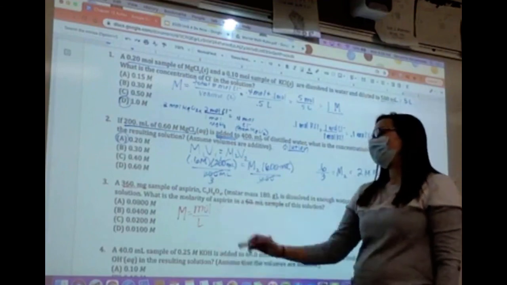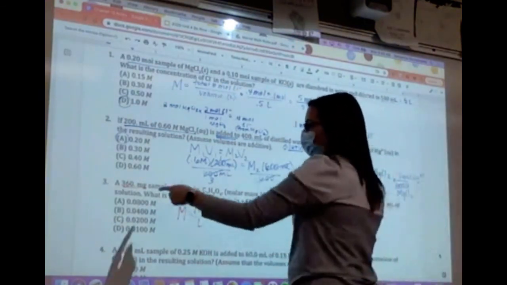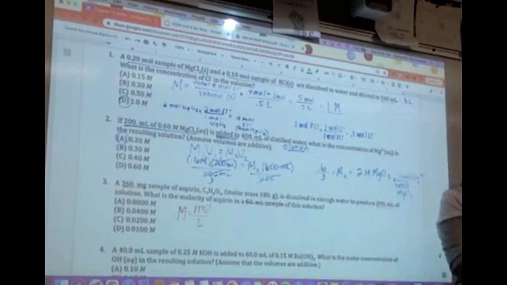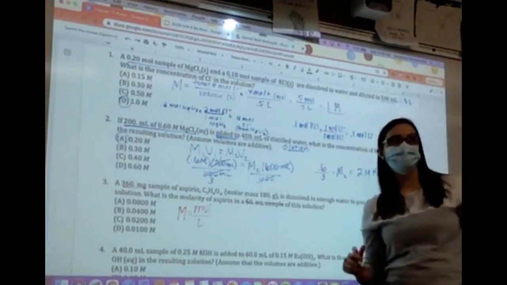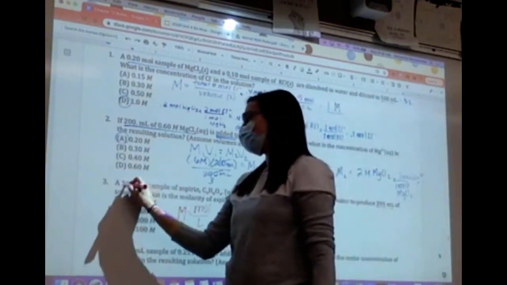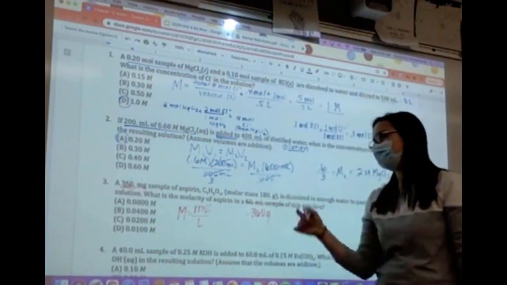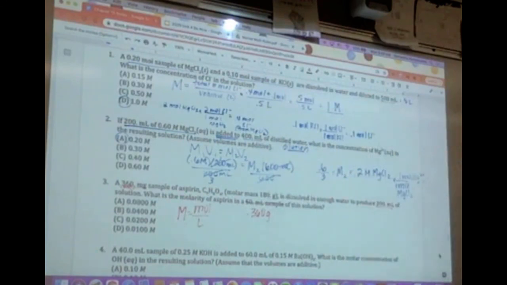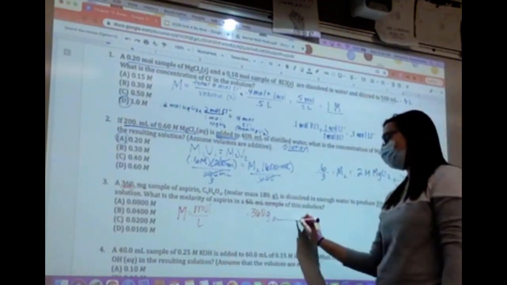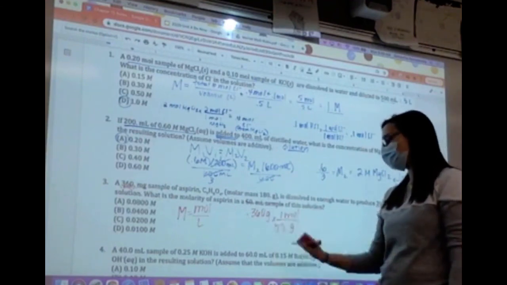So what we need to do is figure out how many moles of aspirin we have and what's the total volume of solution. Now, notice that it's 360 milligrams. Just like milliliters, there's 1,000 milli in one base unit. So 1, 2, 3, there's 0.360 grams in this sample. Now I need to go to moles, and they gave me the molar mass.